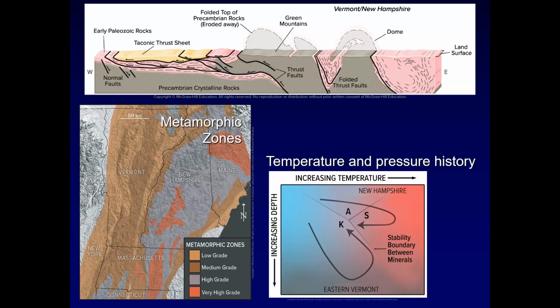So the rocks in eastern Vermont were buried probably by thrust sheets, okay, as such. And the rocks in New Hampshire were heated and then buried. So you have increasing depth here, buried. And in New Hampshire, you have heating affecting those, and then burial as well.